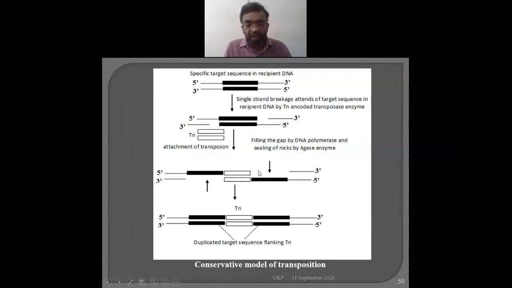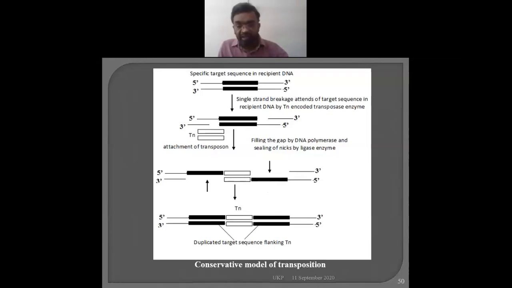So with the help of DNA polymerase and DNA ligase, these gaps get sealed. Whatever nucleotides are required are filled in by the DNA polymerase, and lastly the DNA ligase seals it. In that way the transposable element, which is coming from any location, can now be incorporated here. But you have to keep in mind that the structure is exactly the same. Now the transposable element is not present there, it gets detached and inserted here.